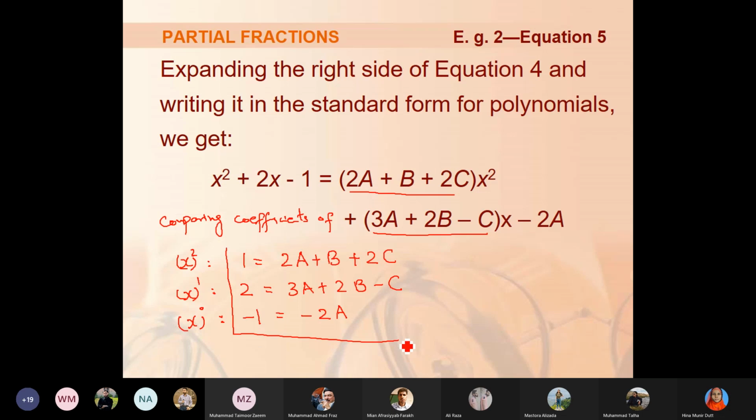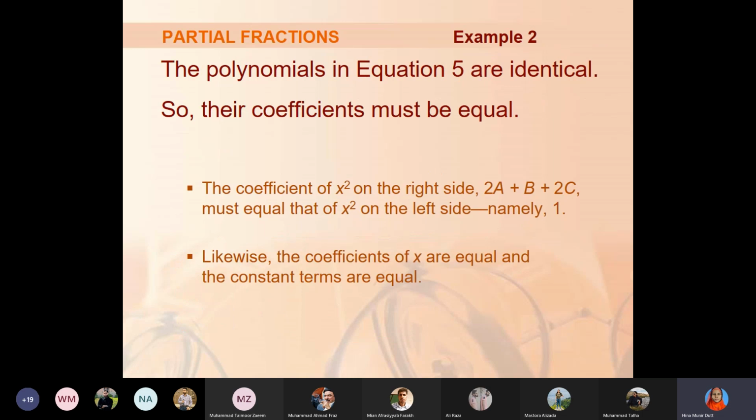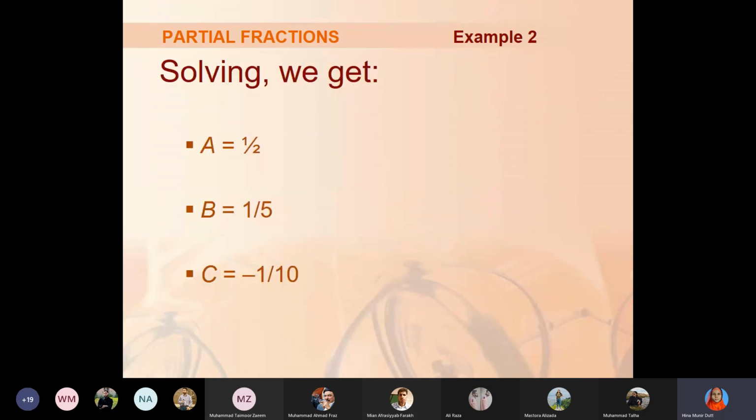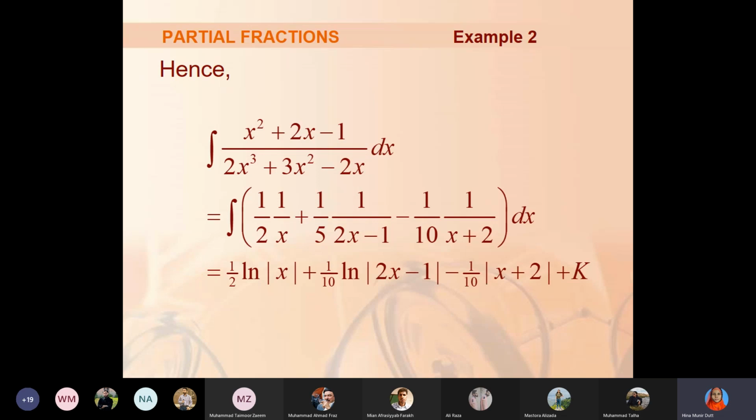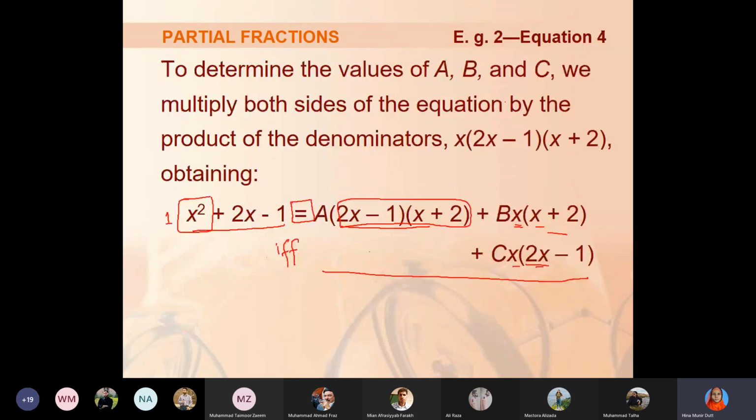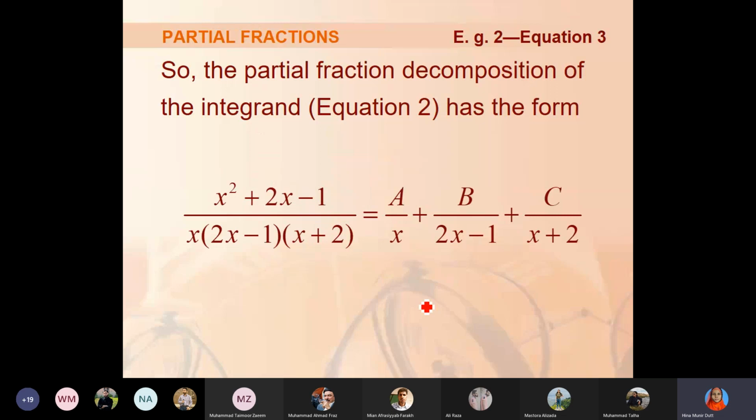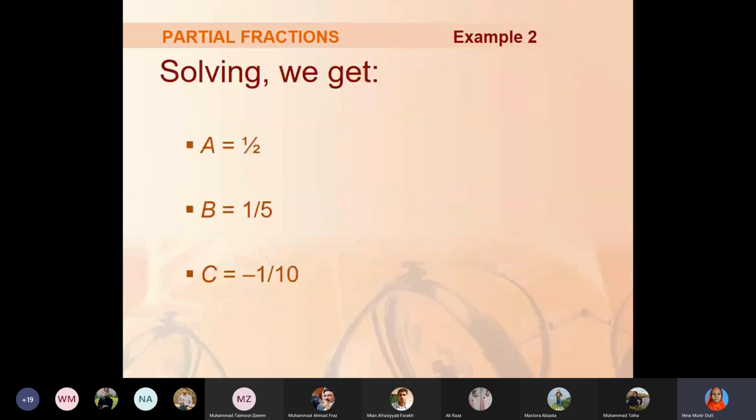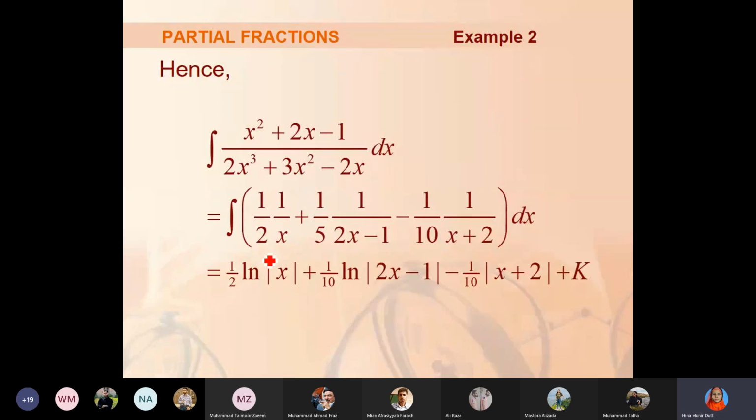I have to solve it by using your calculator as well. Solve it and then put these values over here, and then integrate.